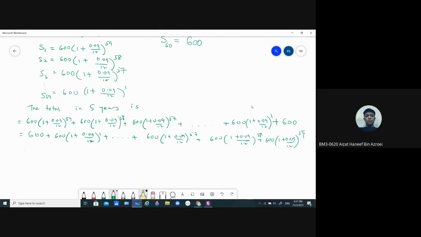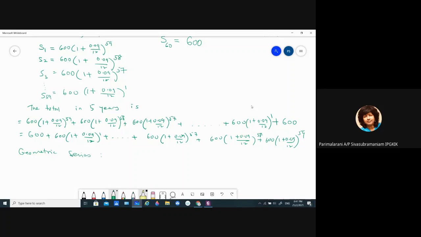No, look at it first. It's a series, right? Is it an arithmetic series or a geometric series? Yeah, it's a geometric series, okay? So if you look at it carefully, it's a geometric series.